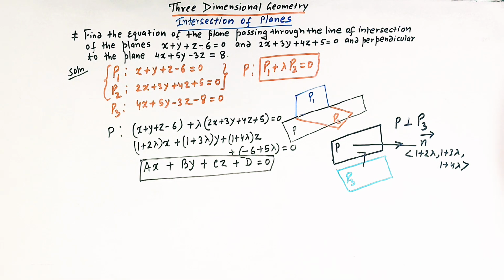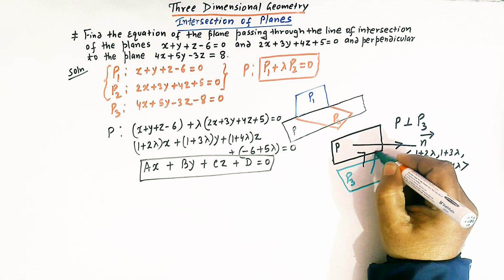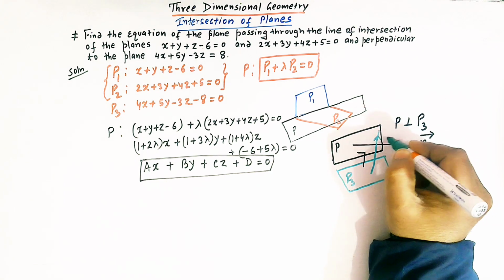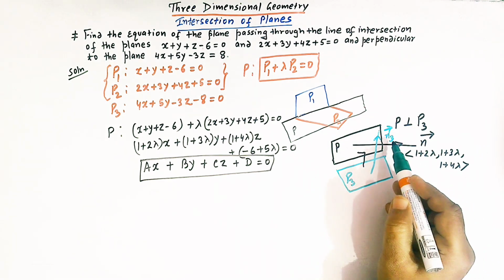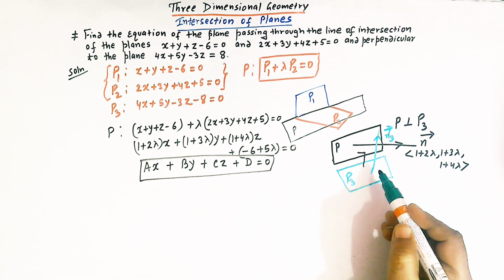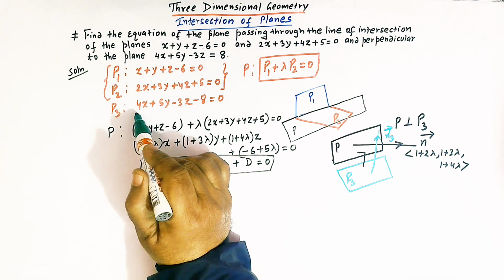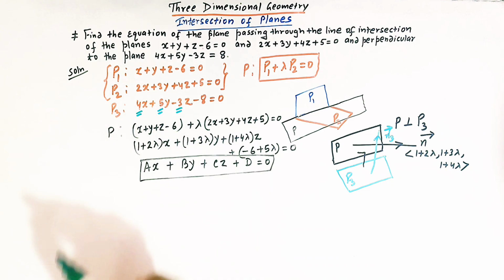And the normal vector to the plane P3, say n3, has direction ratios given by the coefficients of x, y and z.